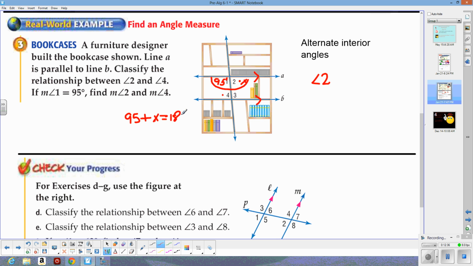So you would subtract 95 from both sides. 180 minus 95 is going to be 85. So if the measurement of angle 2 equals 85 degrees, the measurement of angle 4 is also going to be 85 degrees because they are congruent.